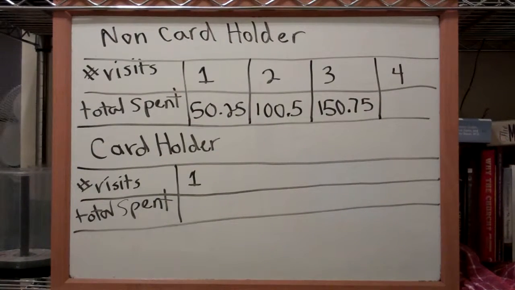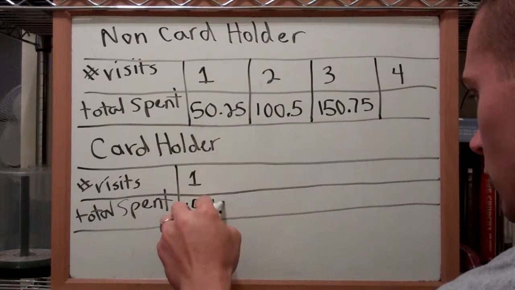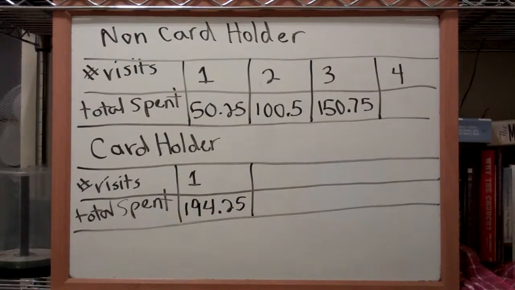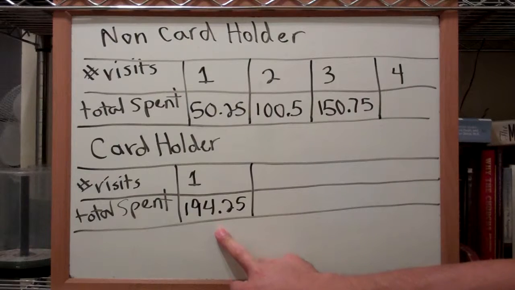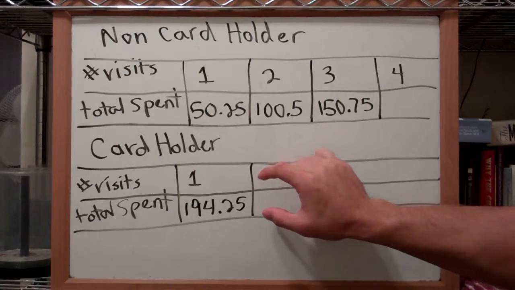I'm sorry, $26.25. So when you add those two together, your total cost after one visit has been $194.25. And again, this number comes from the fact that we've already purchased the discount card of $168, and then we had to pay the $26.25 for the oil change and the car wash.